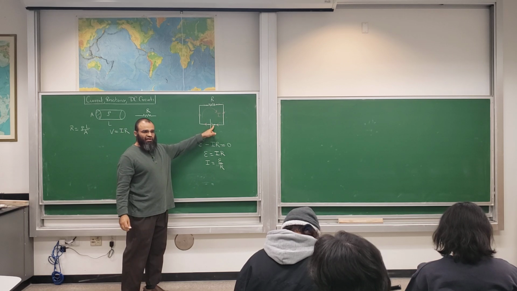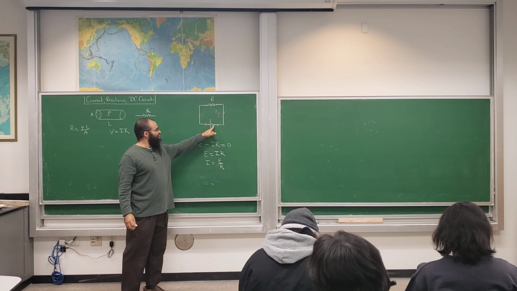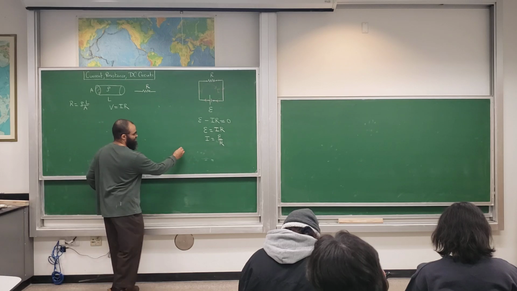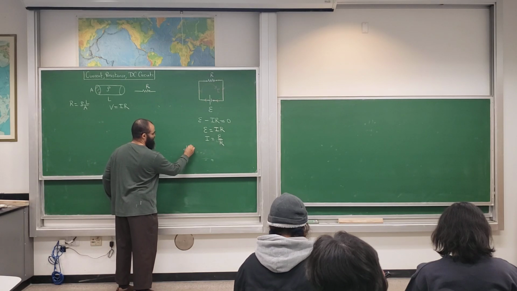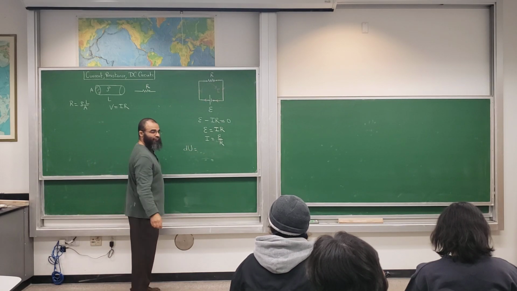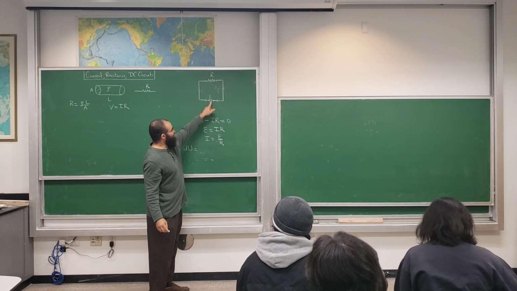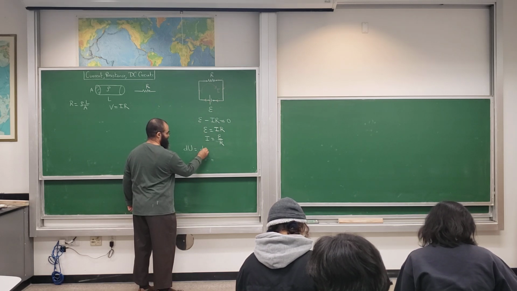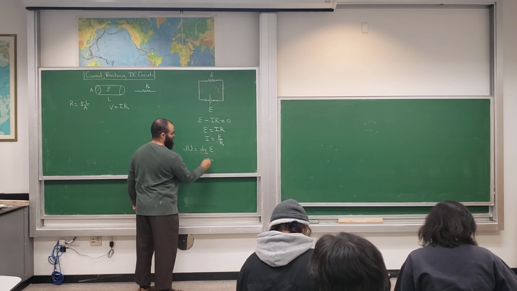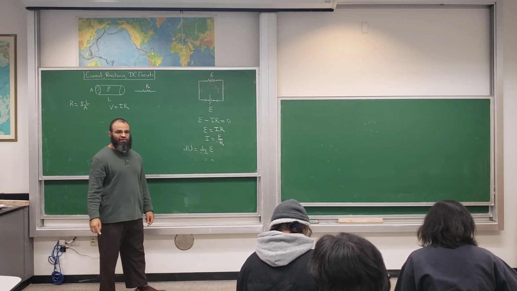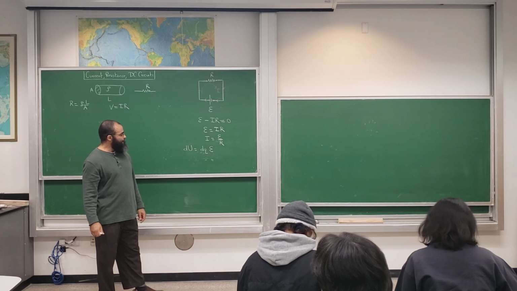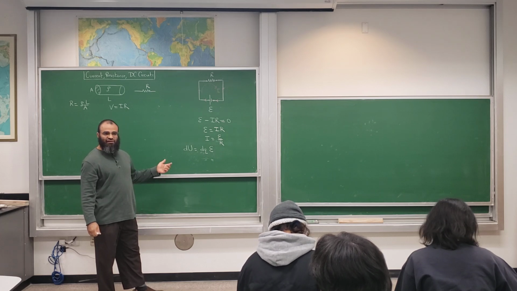Let's say I have a charge dq here. What's the energy to take dq from here to here? Let me write it here. dU would be dq times the voltage, right? And the voltage of the battery is the EMF, the volt V. Is that clear?